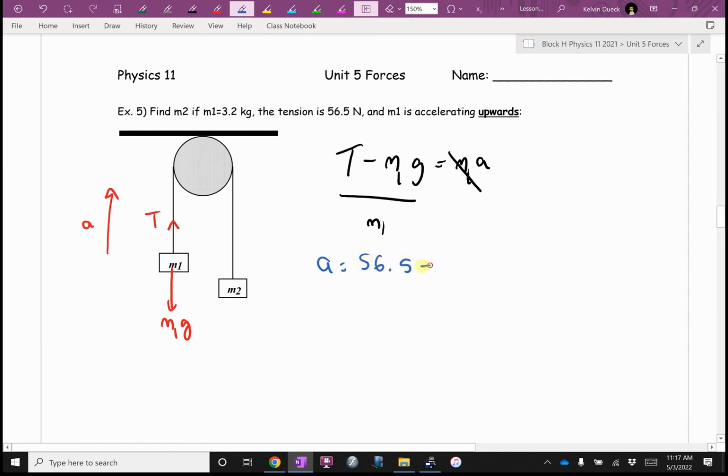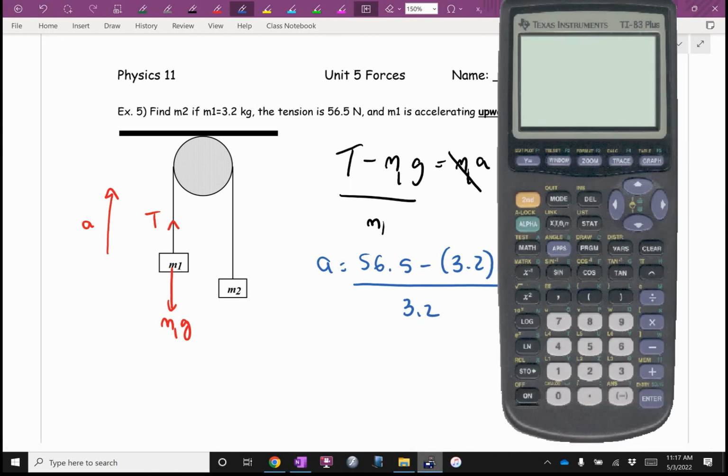A is going to be 56.5 minus 3.2 times 9.8, divided by 3.2.